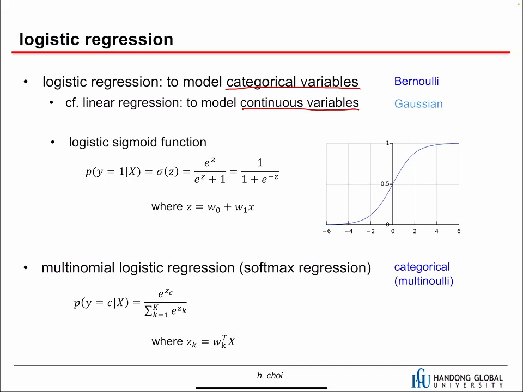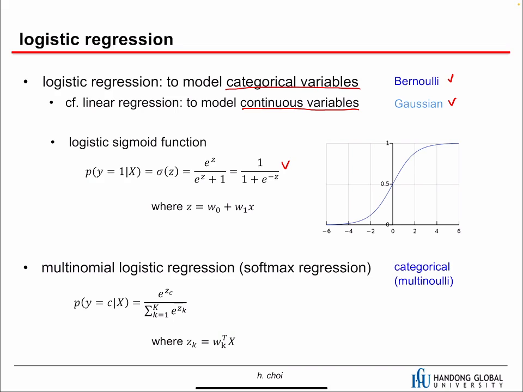So is it 0.2 or 0.3 or 0.4 or something? Implicitly, we assume that the continuous variable is Gaussian in linear regression, but in logistic regression, the output is Bernoulli distribution. And for logistic regression, we have a sigmoid function, which can be defined in this way.